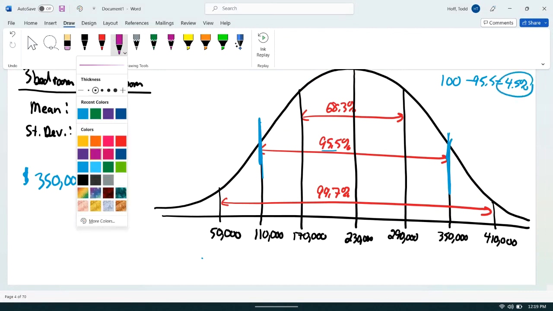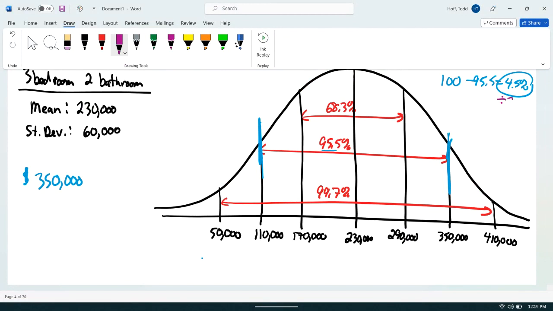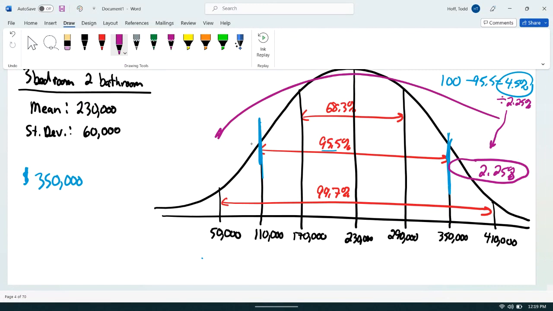And since this is symmetrical, that's split 2.25, 2.25% to each side. So 2.25% of houses fall in this range and 2.25% fall down here. So in other words, only 2.25% of 3-bedroom, 2-bathroom houses in that area have sold for more than $350,000.